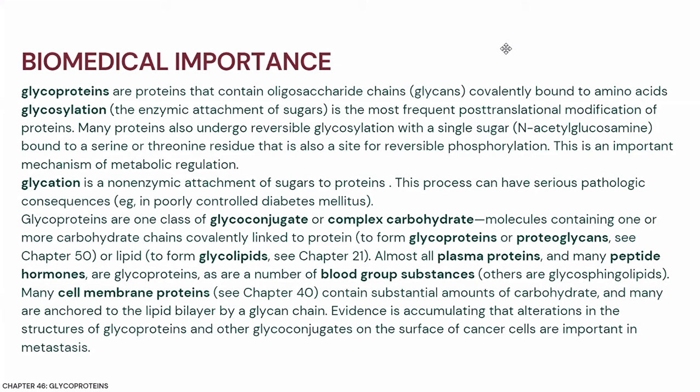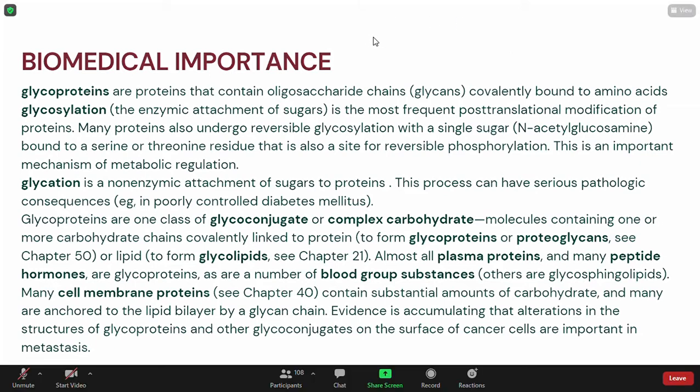While the other one is glycation. Glycation is the attachment of sugar to the protein without the use of enzymes. A very good example of this is in diabetes mellitus, where there is a very high sugar concentration in the blood.